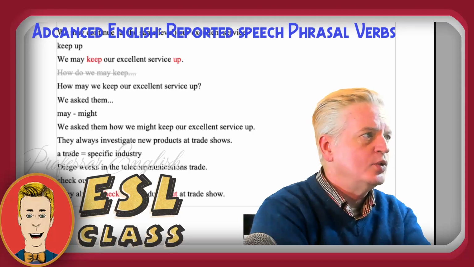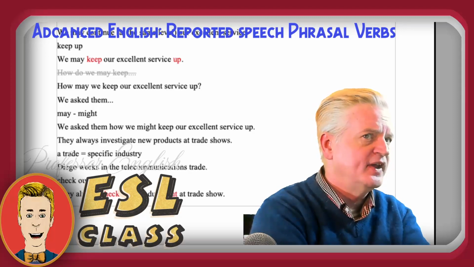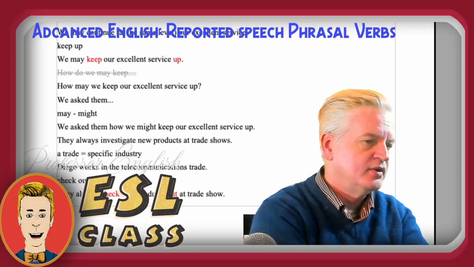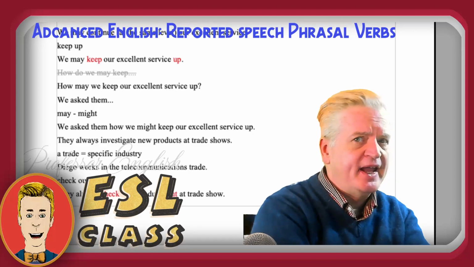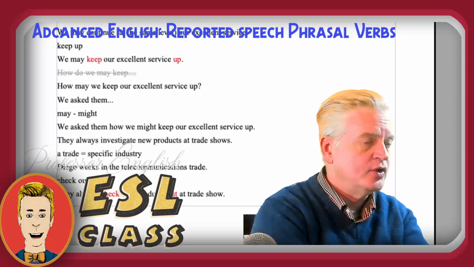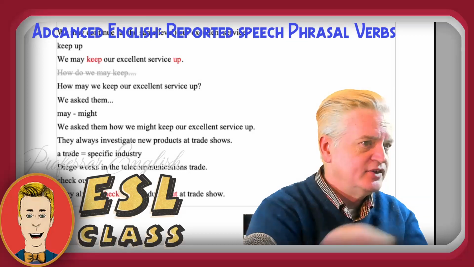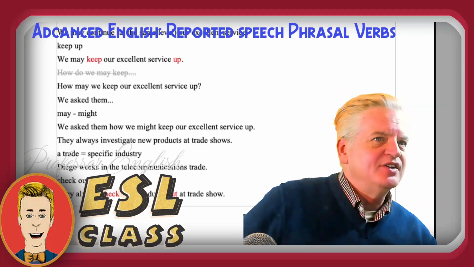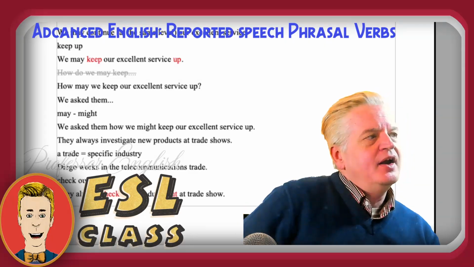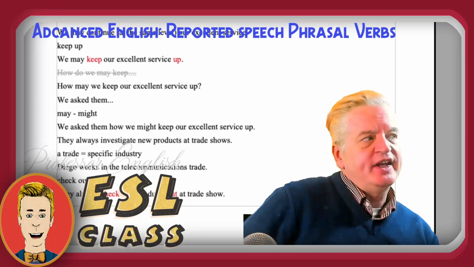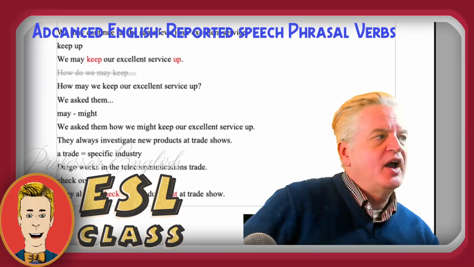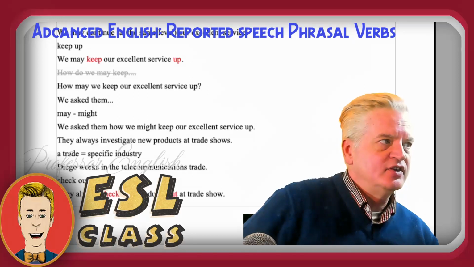So do, that's a question word that you use for do verbs. But if you have may, just like can or will or might, these are all modals, should, would, could, you make the question differently. So he was combining two different ways of making questions. So we don't say, how do we keep? This is, how may we keep? How may we keep our excellent service up?